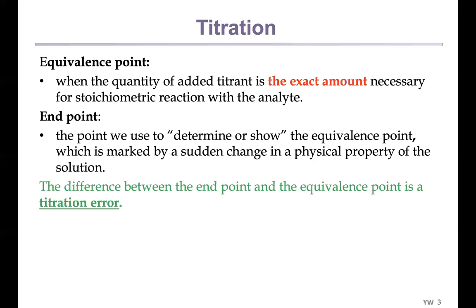I'm asking about the error associated with visually deciding where the endpoint is. Random error? Should be a random error. Yeah. So this case, it's definitely a random error, right? Because you have to make a decision whether the color is the pink color.